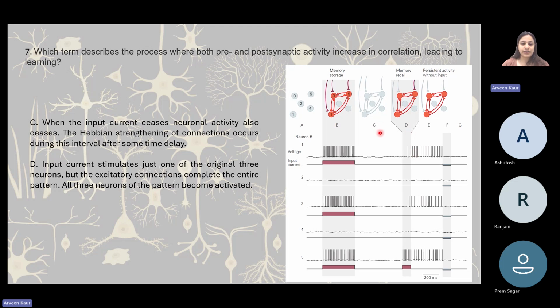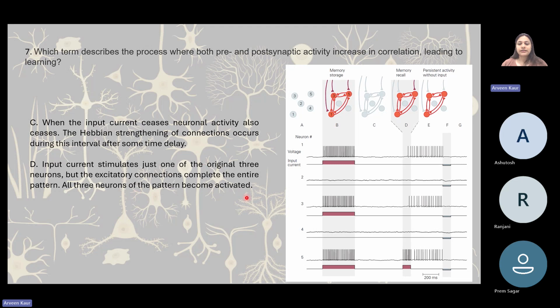But excitatory connections complete the entire pattern. Over here only the fifth one is getting activated, but the fifth one has a very strong correlation now with 1 and 3, so it automatically activates 1 and 3 also.